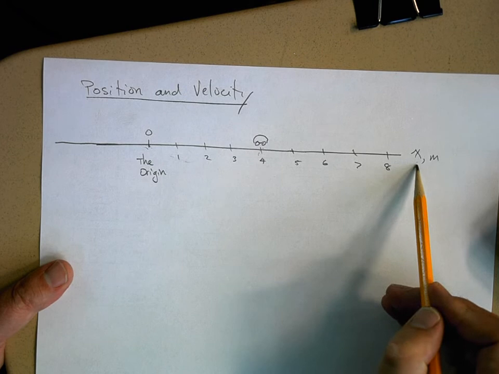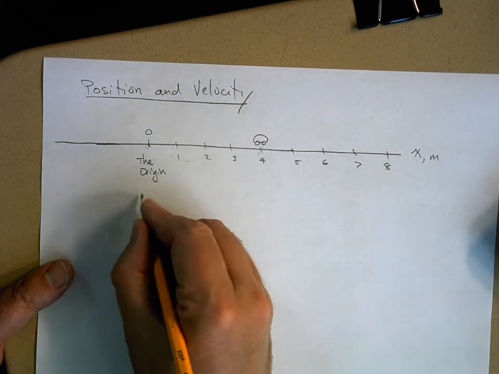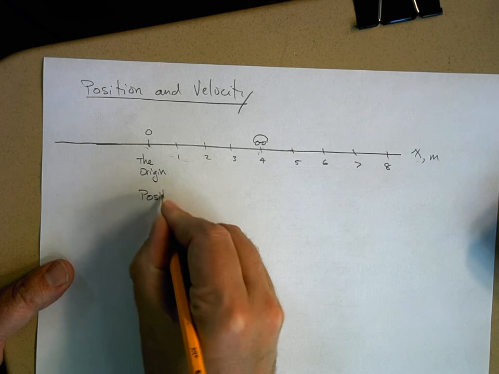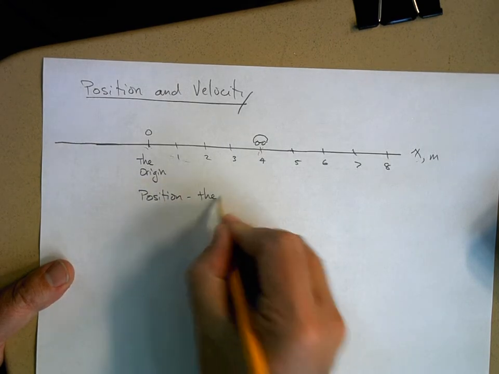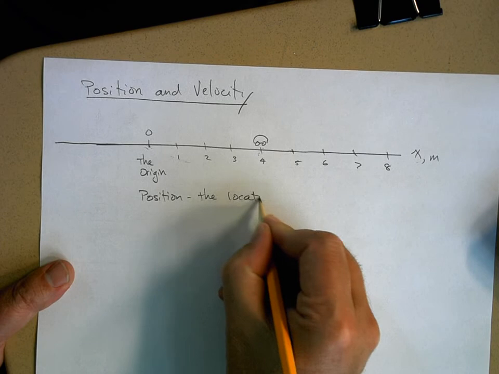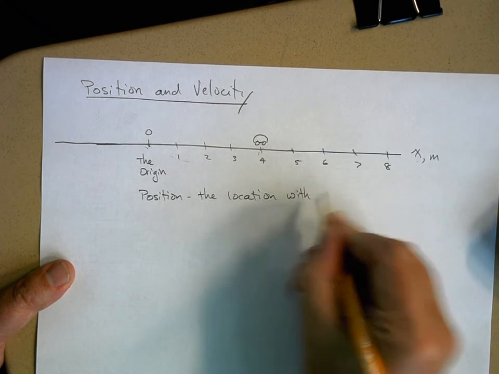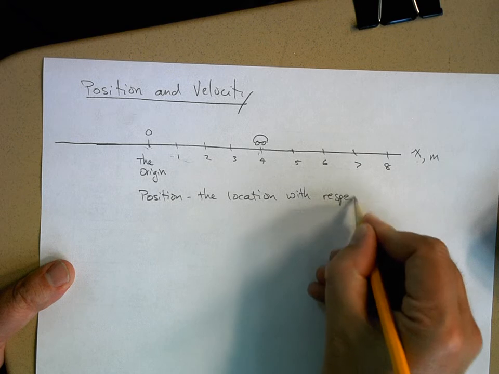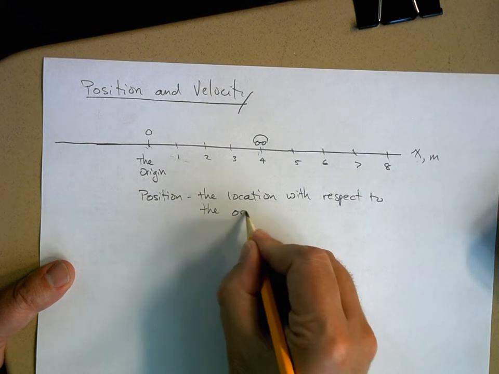And since we're calling this the x-axis, I can call this a position. Position is the location with respect to the origin.